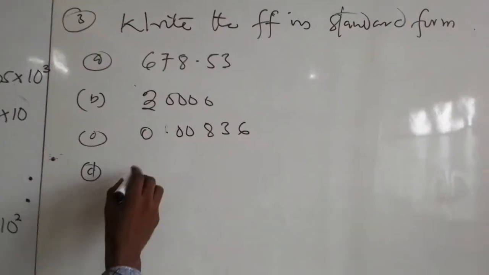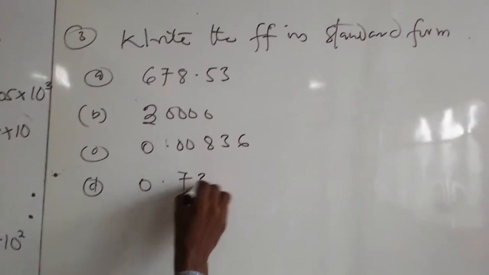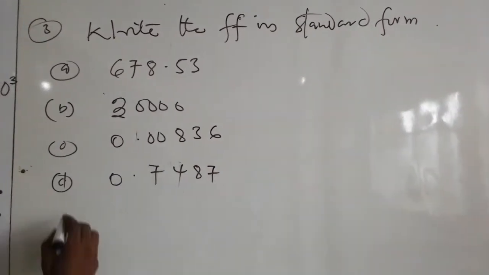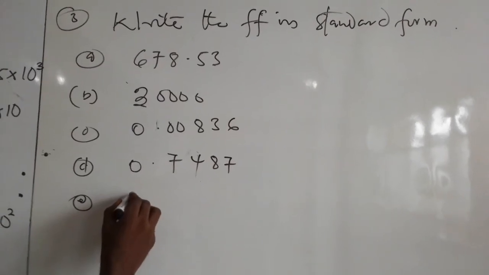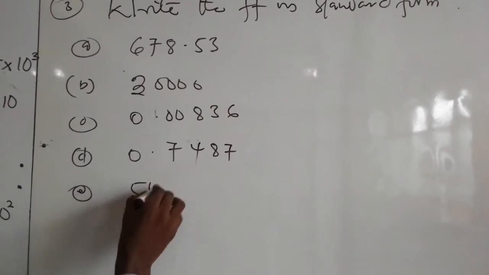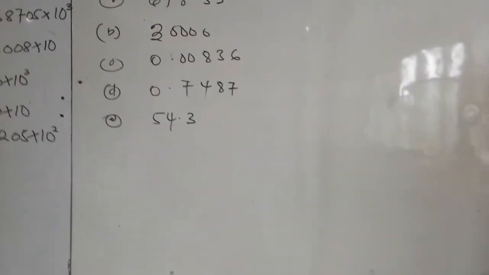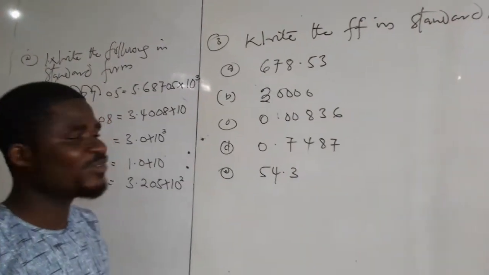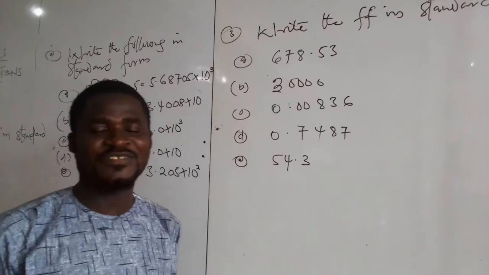D, I have 0.737487. Then E, I have 4.3. So please try your hands for me. Don't give up. When you are done, submit your work. I will check it for you.